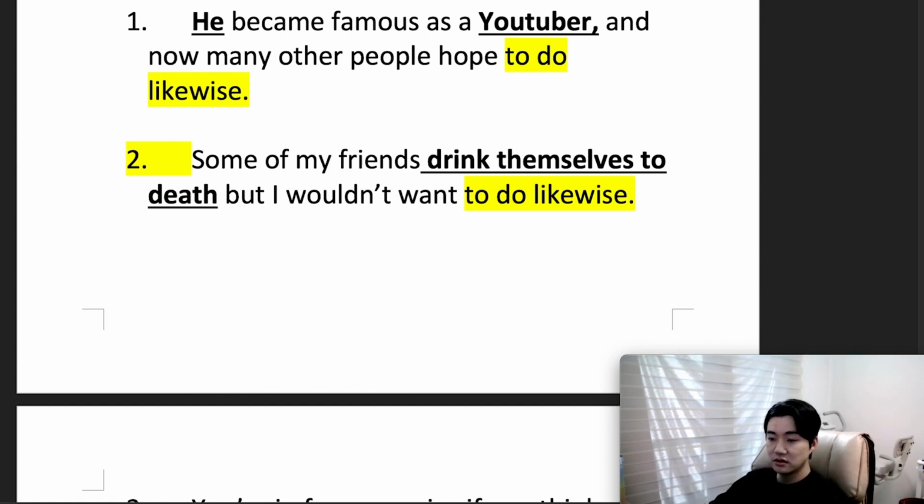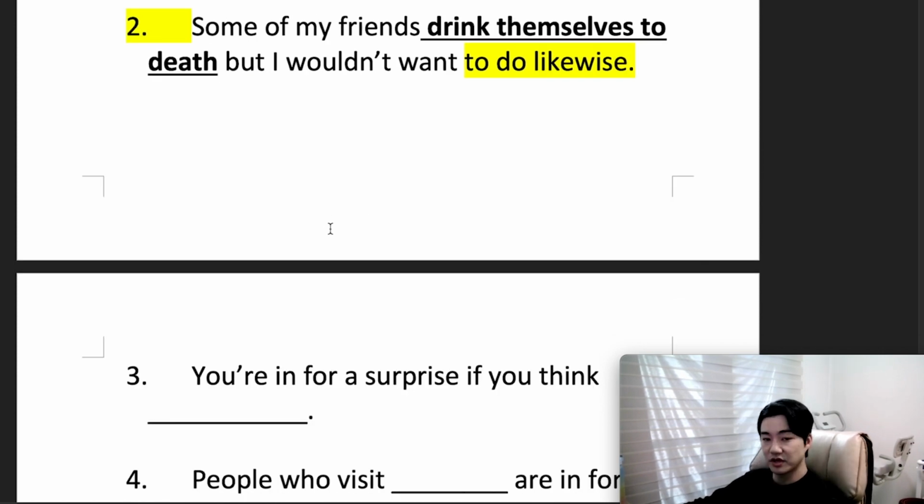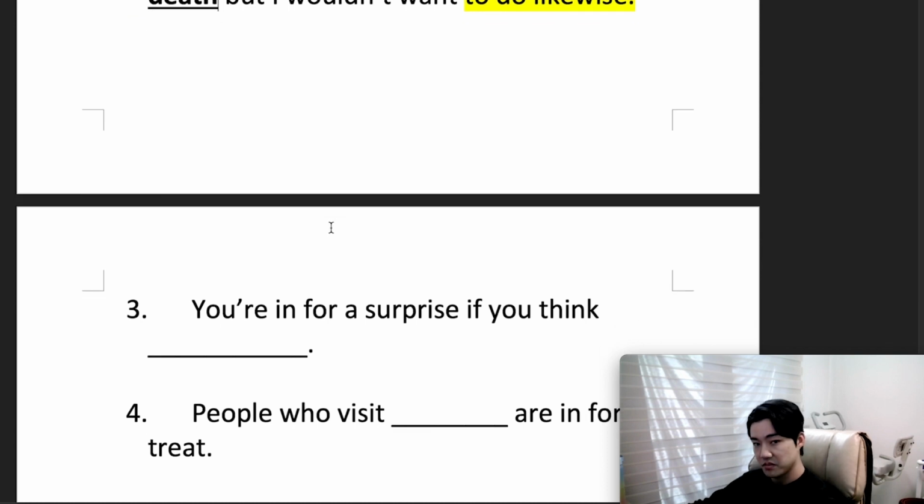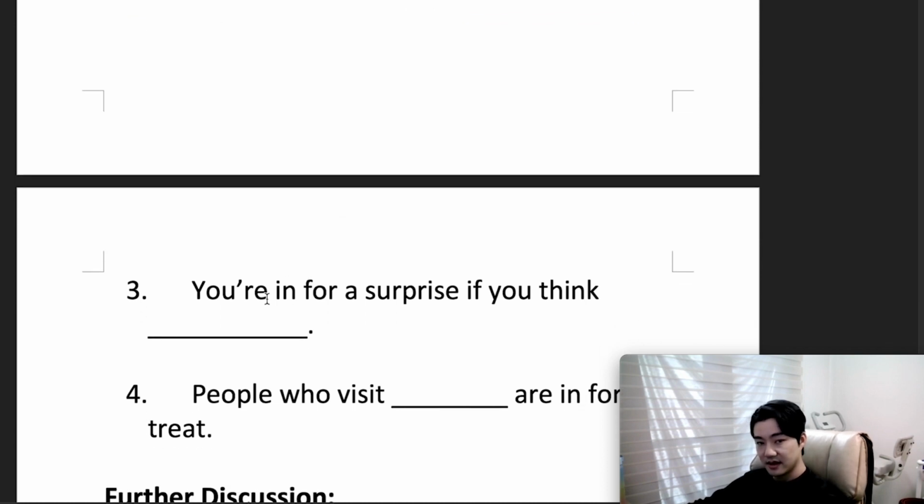So, some of my friends drink until they die, but I don't want to do that. So some of my friends like to drink so much that they pass out. I wouldn't want to do that.